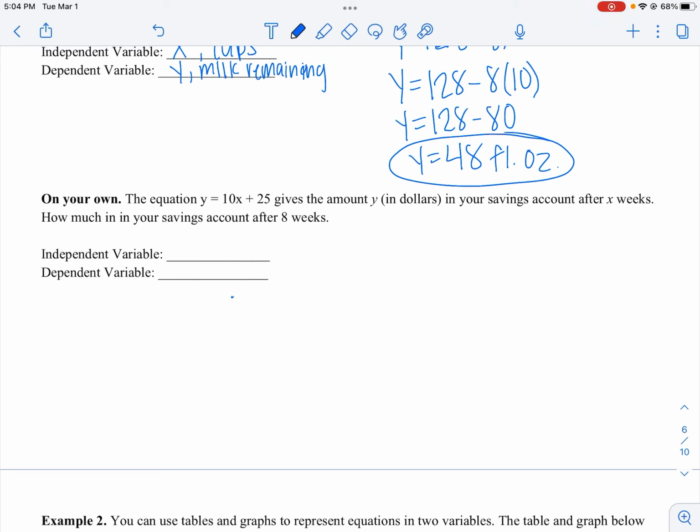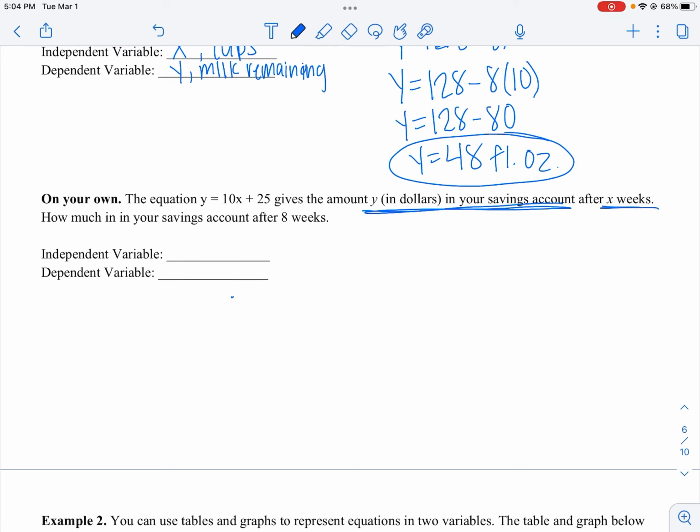So, the equation y equals 10x plus 25 gives the amount y in dollars in your savings account after x weeks. How much is in your savings account after 8 weeks? Okay, we need to find our independent variable and our dependent variable. It gives the amount y in dollars in your savings account after x weeks.